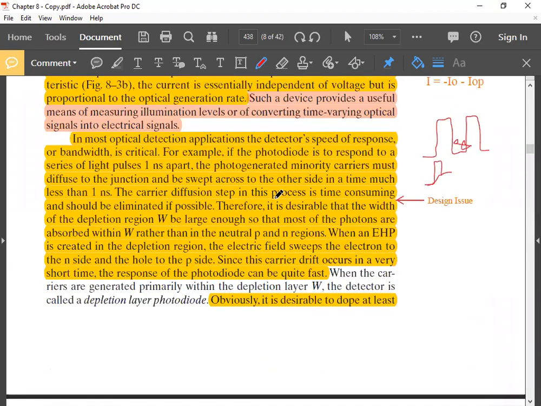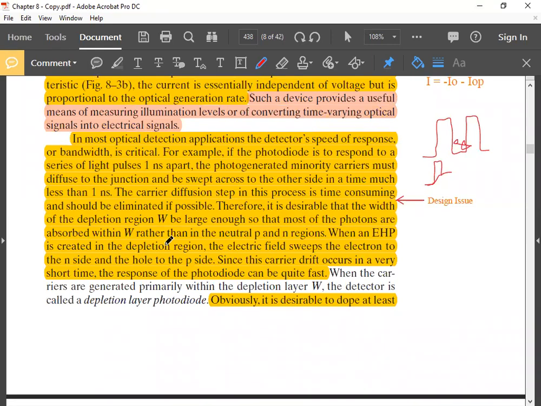The carrier diffusion step in this process is time consuming and should be eliminated if possible. Therefore, it is desirable that the width of the depletion region W be large enough so that most of the photons are absorbed within W rather than the neutral N or P region. That means within that one diffusion length.